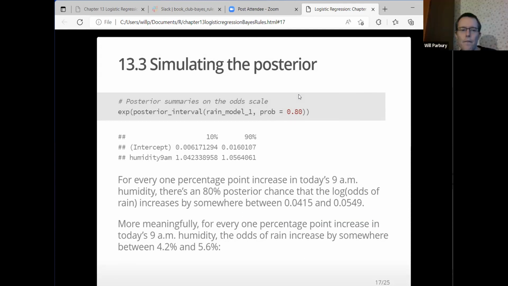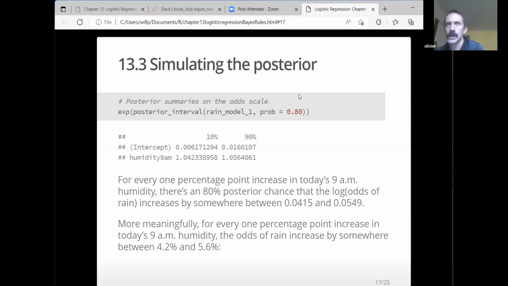So this is posterior summaries on the odds scale. For every 1 percentage point increase in today's 9 a.m. humidity, there's an 80% posterior chance that the log odds of rain increases by somewhere between 0.4 and 0.5. More meaningfully, for every 1 percentage point increase in the humidity at 9 a.m., the odds increase by somewhere between 4.2 and 5.6%.